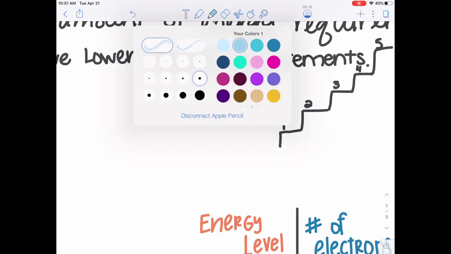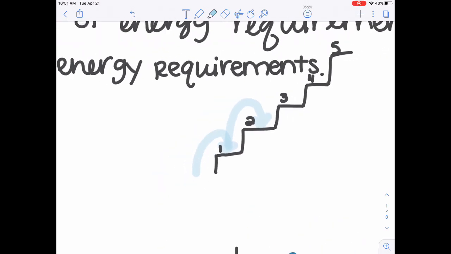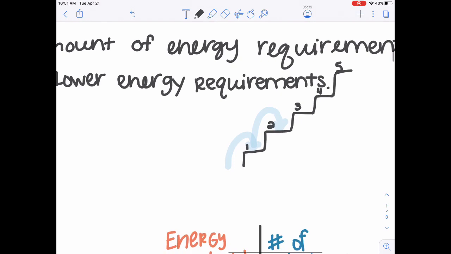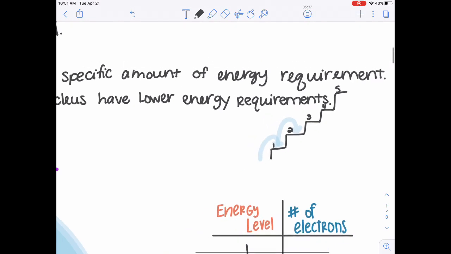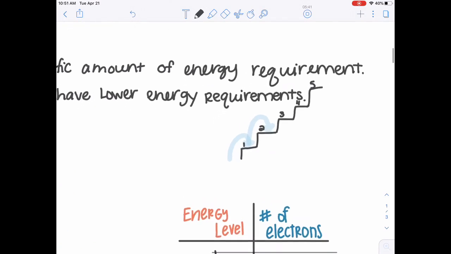However, there's no like 3.5 step, right? You can't, and if you try to step there, you'll likely, I don't know, trip and fall on your face or something.